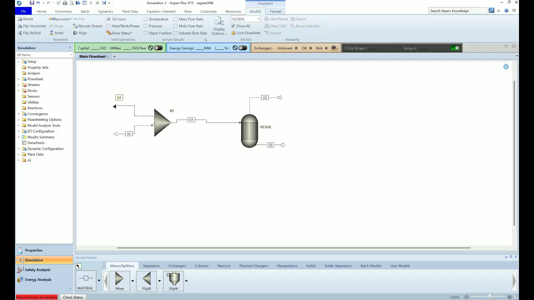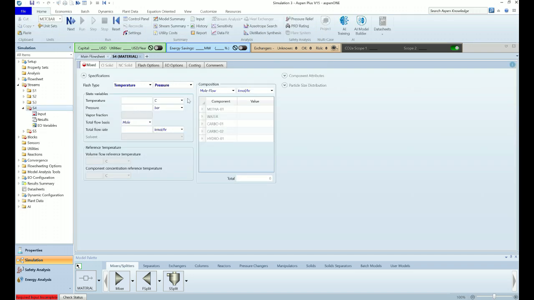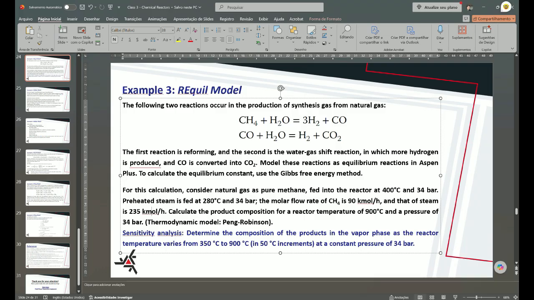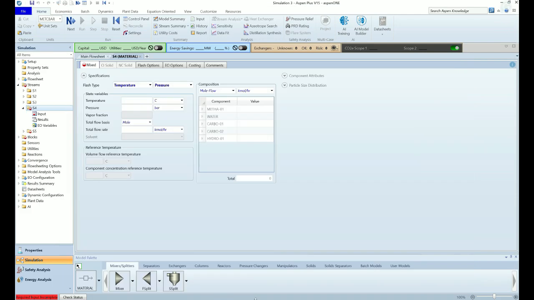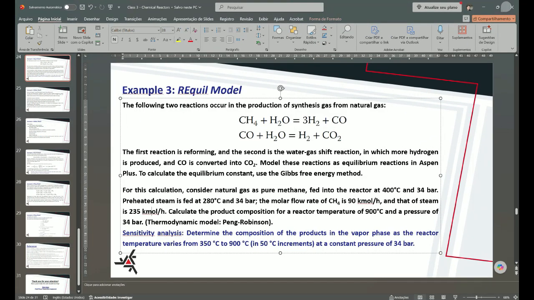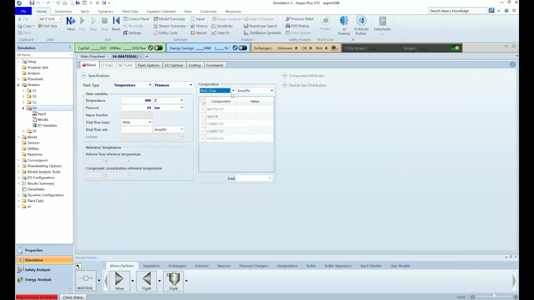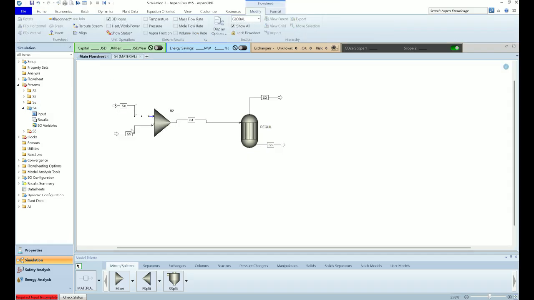So for methane, I need to configure its conditions. In this stream, the methane conditions are 400 Celsius degrees and 34 bar. Here we have a molar flow equivalent to 90 kilomole per hour. So this is the condition for feeding the methane.